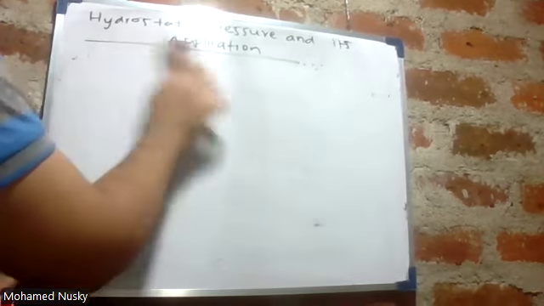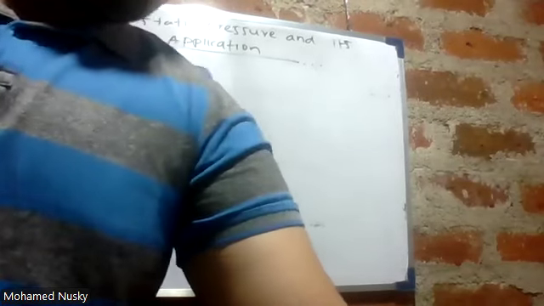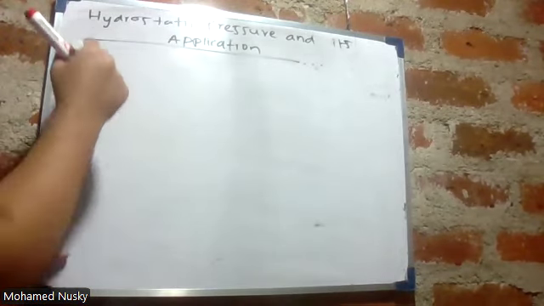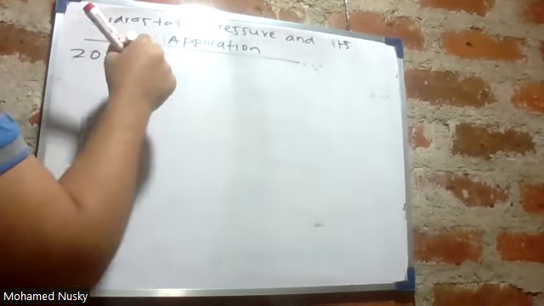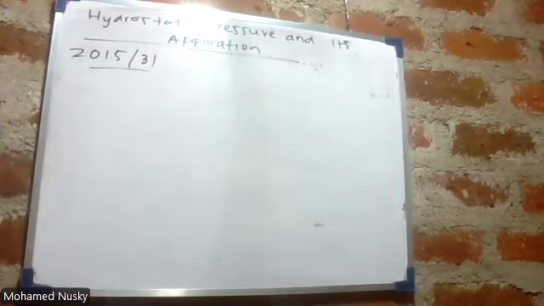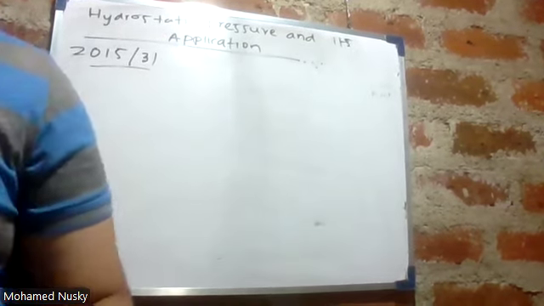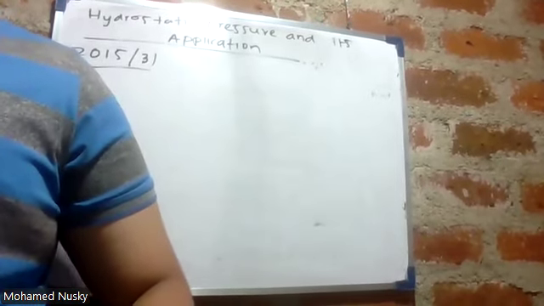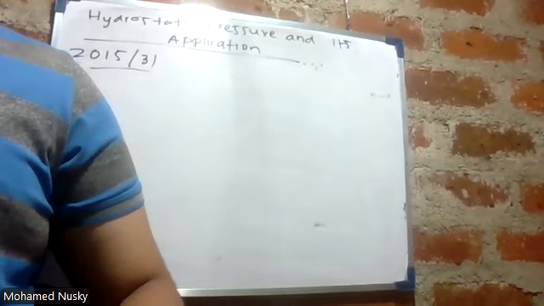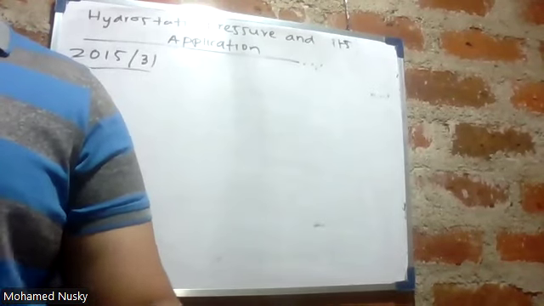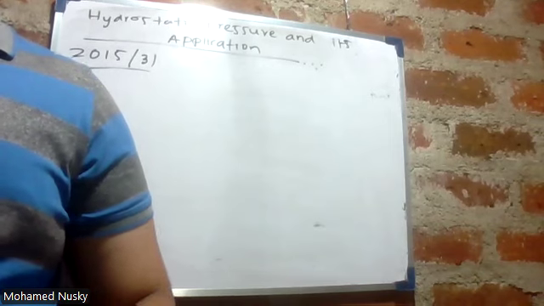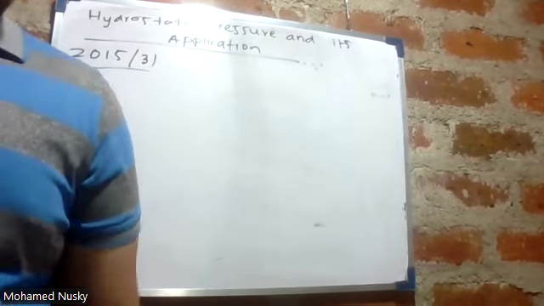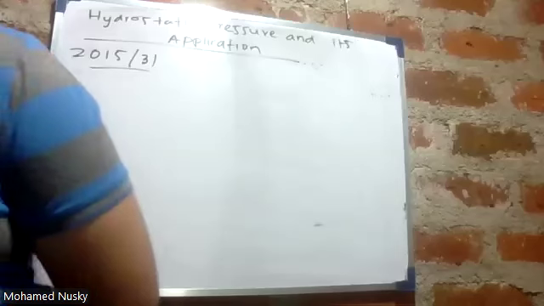Now take 2015, 31st question. Consider the following containers 1, 2, 3, 4.